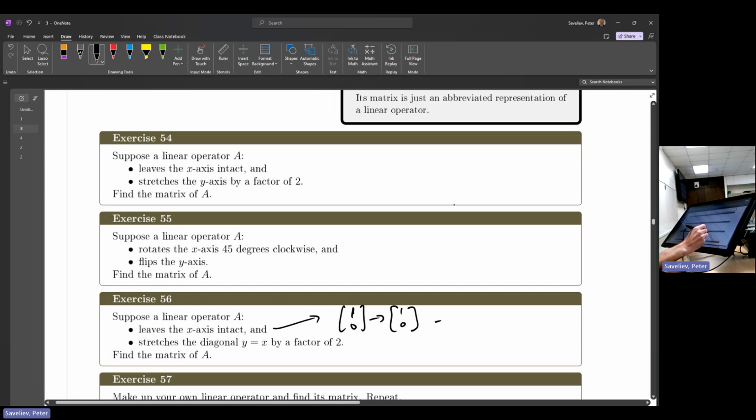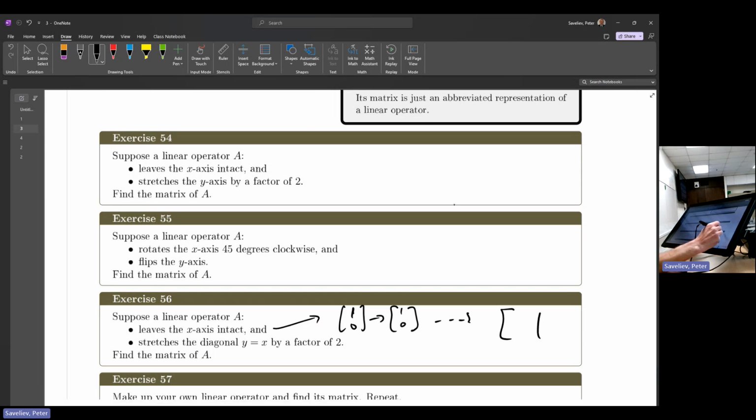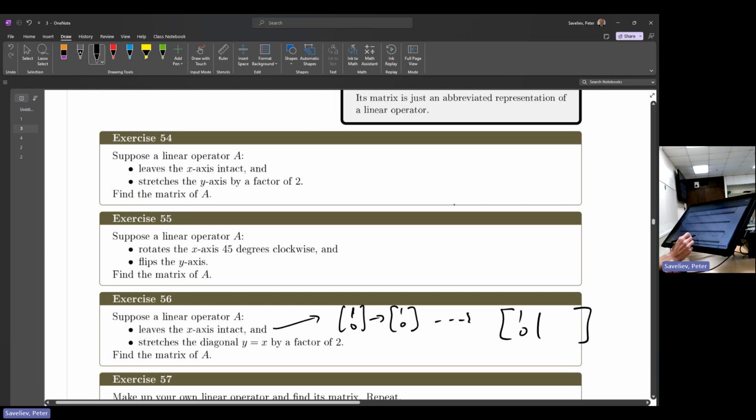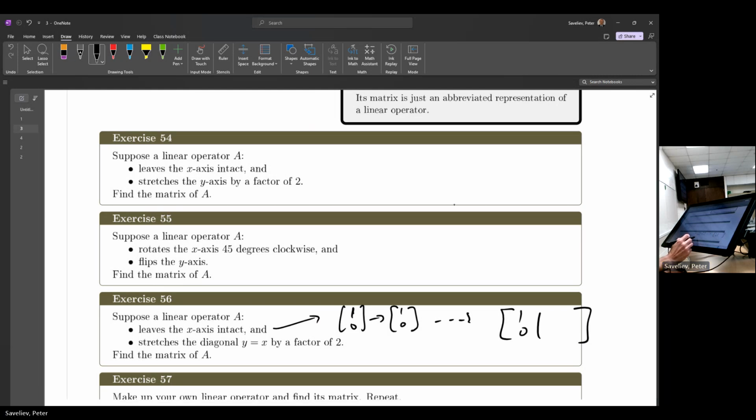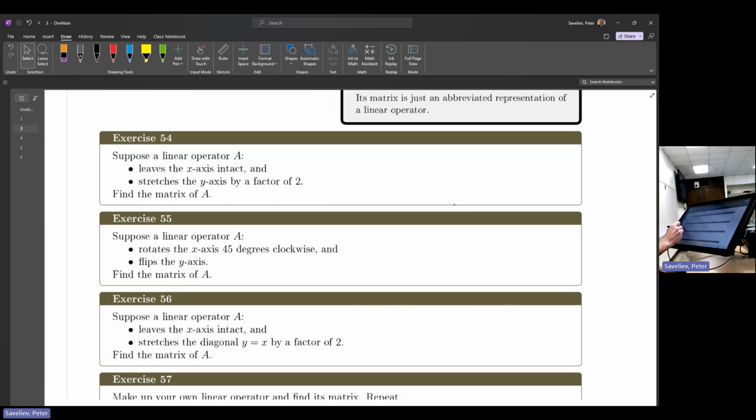So in my matrix, the first column will be 1, 0, and the second one stretches the diagonal by a factor of 2. I'm afraid this is just not a good example, because you can't really have these two at the same time.